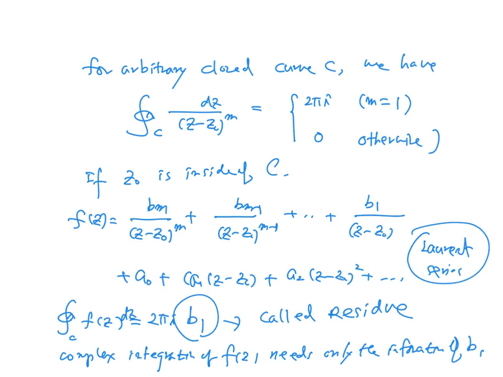So no matter how the function is complicated, you only need to find B1 to evaluate the complex integral. This is called residue. So how do you find B1? That's the question, right?